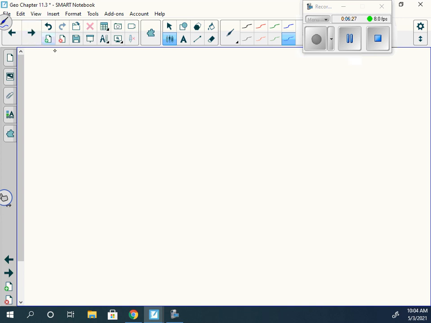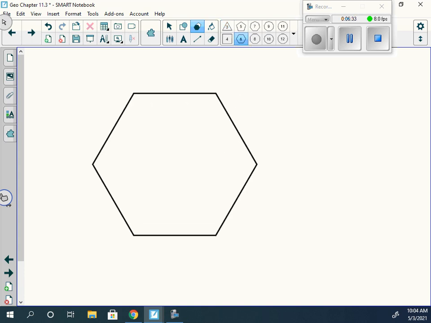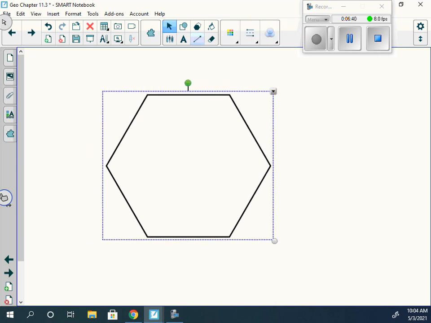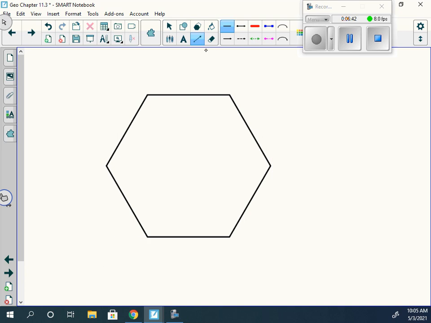Now, let's see here. We have a hexagon. So we have this line here, and I'm going to break it up into, if I can move this line.